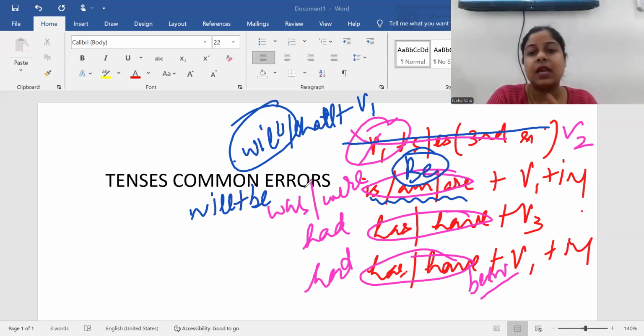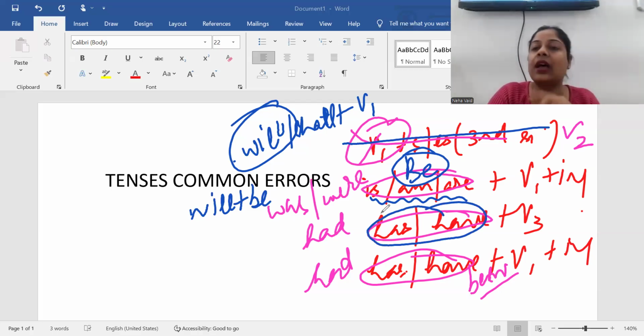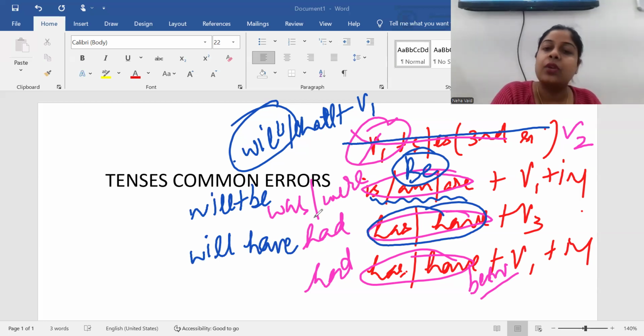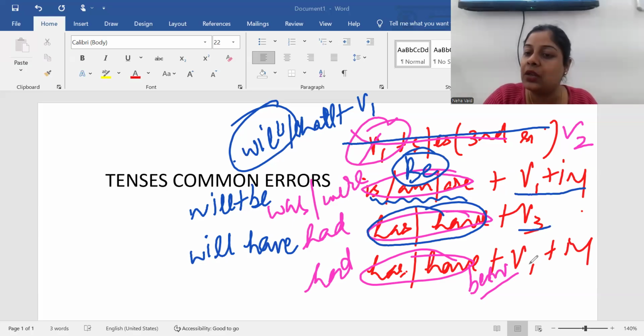will be plus ing. That will turn to future continuous. And then what is the has/have future? It is will have plus V3. Again, it gets converted to future perfect. Will have plus V3. So if you notice, we're not changing the main verbs.